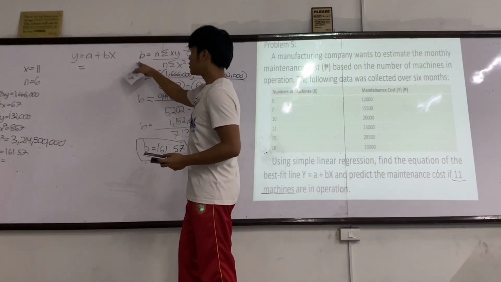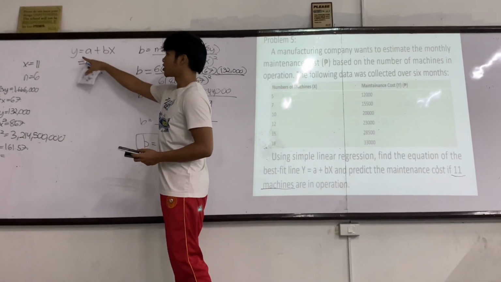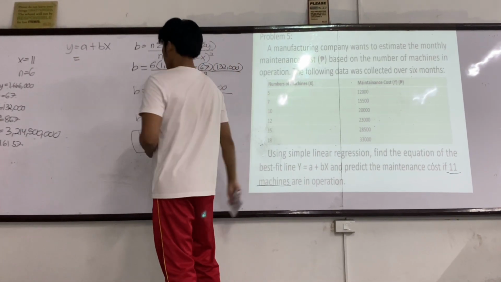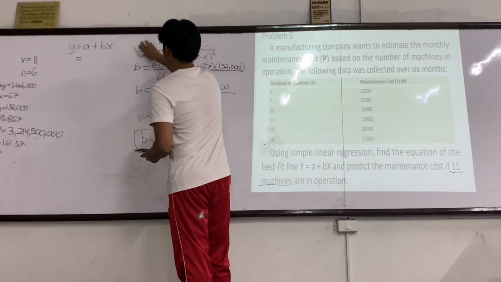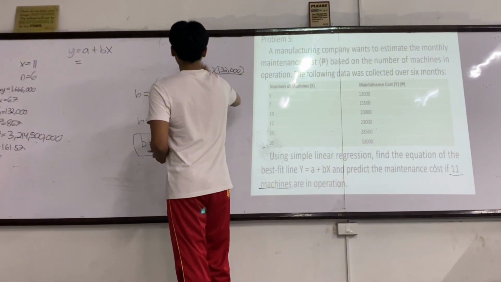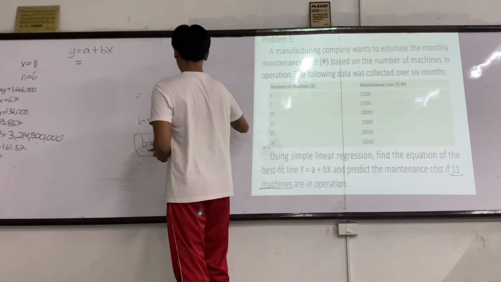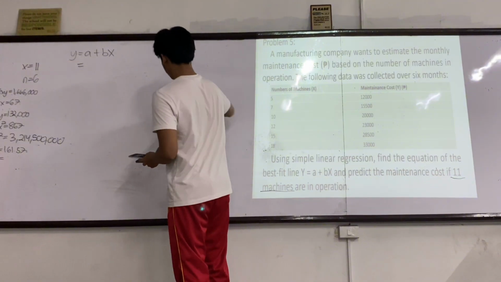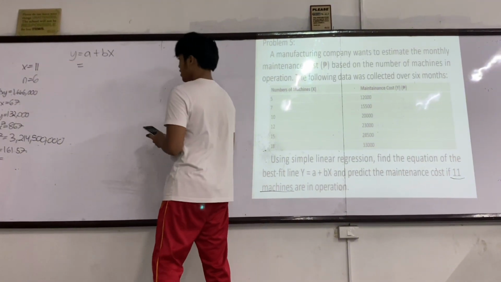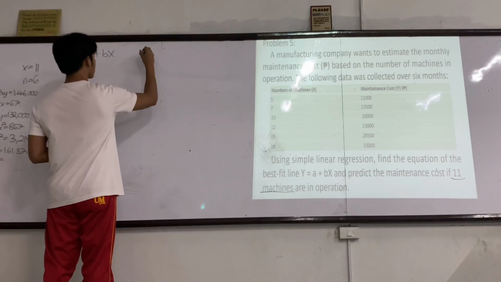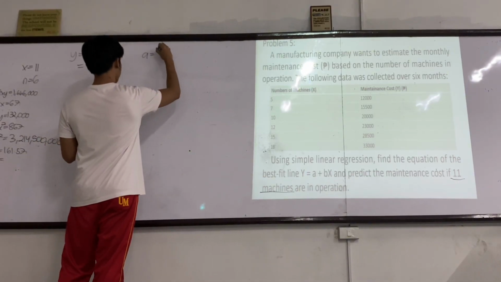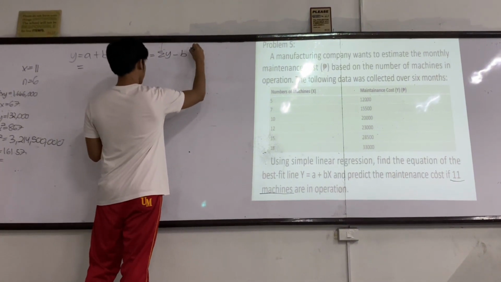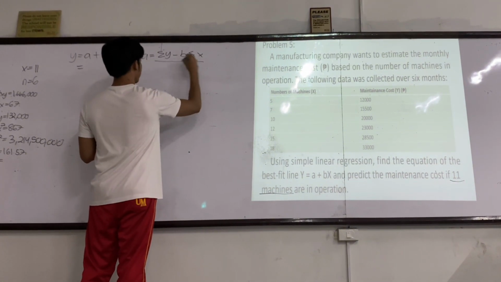Now that we have solved the value of B, we only need to find A in order to find the maintenance cost if 11 machines are in operation. So let's go and solve A. So the formula of A is equal to summation of y over n minus b times summation of x over n.